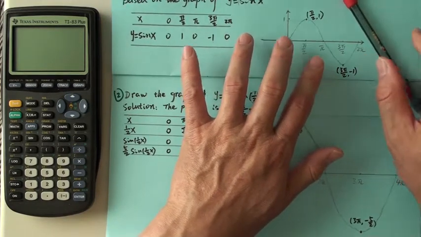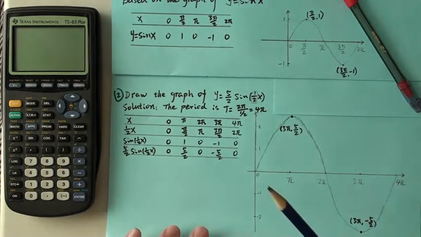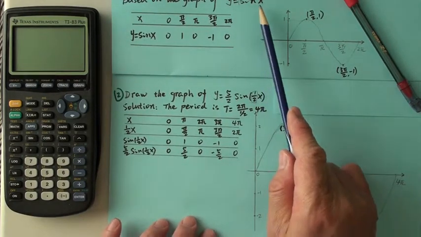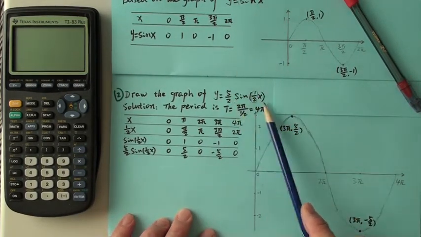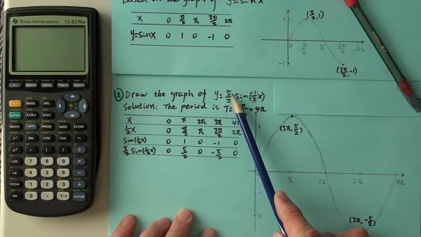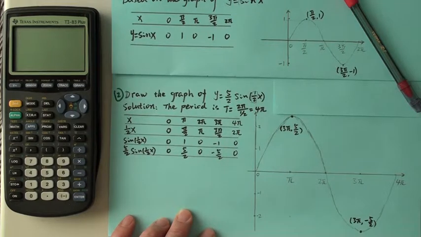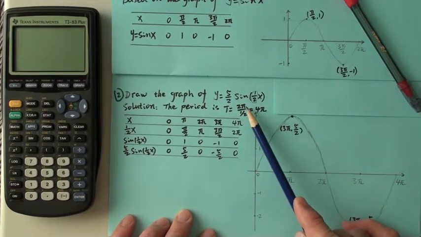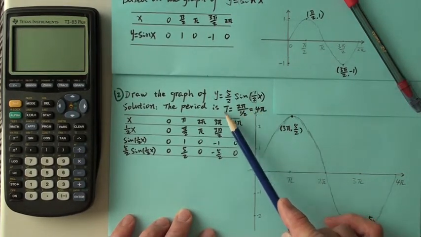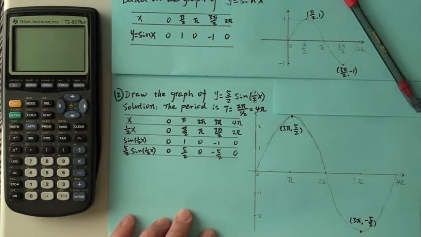we want again to use y equals sine x and to sketch this y equals 5/2 times sine 1/2 x. Now we have explained the period is 4 pi.